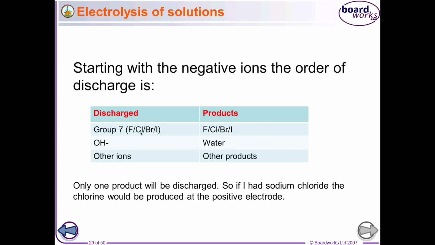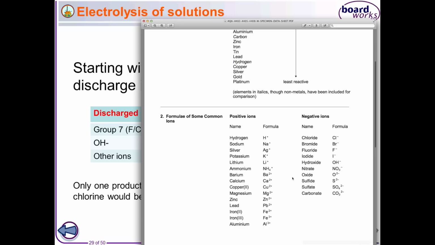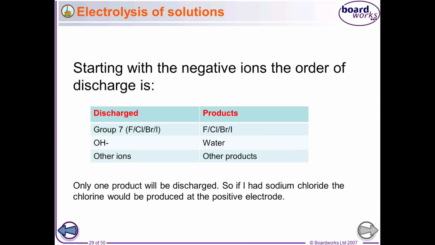If I use another example, if I add potassium fluoride in water, then what I would do is take a look at my data sheet, and potassium is K+, and fluoride is F-, so I know that the fluoride is going to be attracted to my positive electrode, and so is my OH-, which is from my water, and I know that the fluoride is higher in the priority than the OH- from the water, so I'll get fluorine given off instead of the water being made.